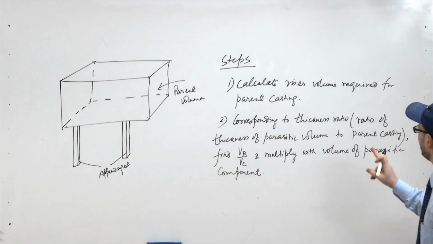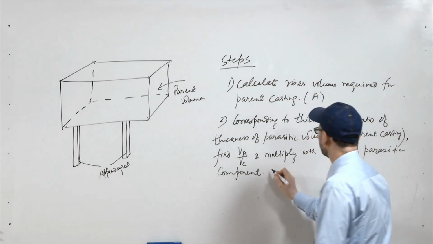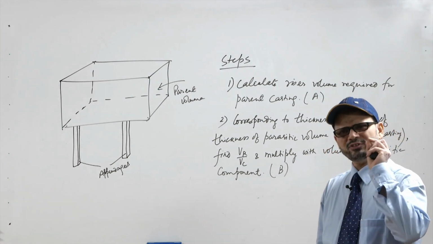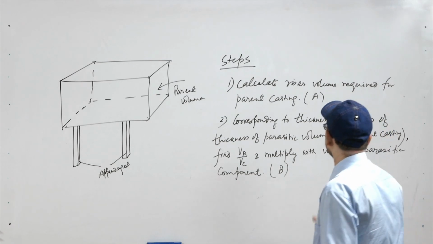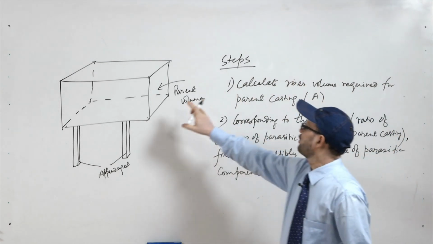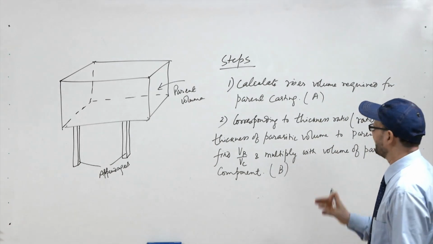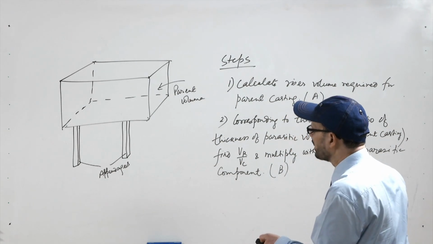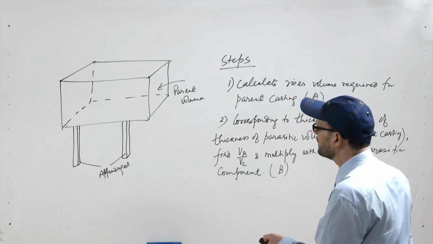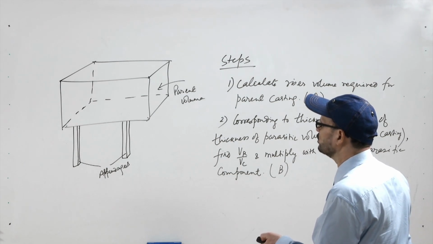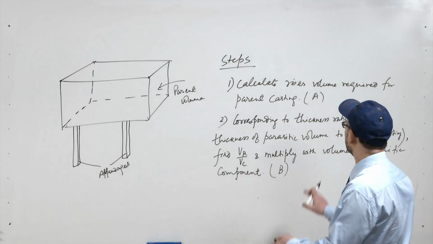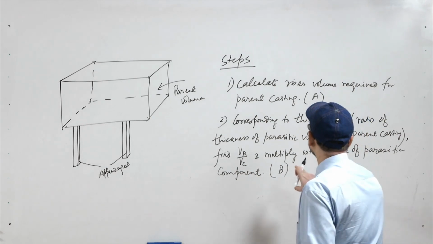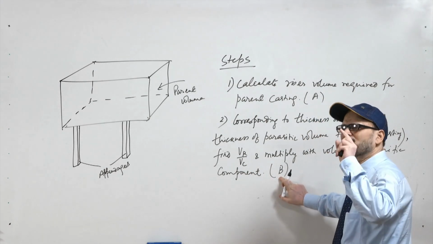Basically, this is A and this is B. A is the volume of riser material required for feeding this parent casting. Then you get the volume of all the appendages, and corresponding to this thickness ratio get a percentage of parasitic volume from here, and that is multiplied with the parasitic volume. That gives you how much is required for feeding the appendage volume.